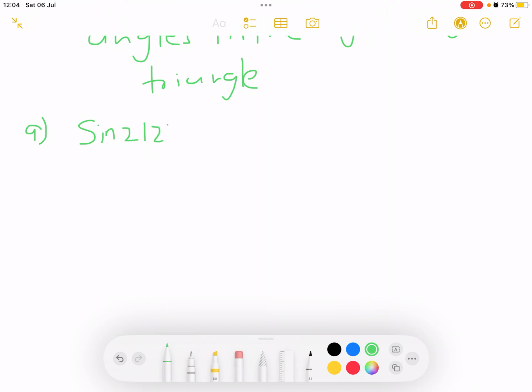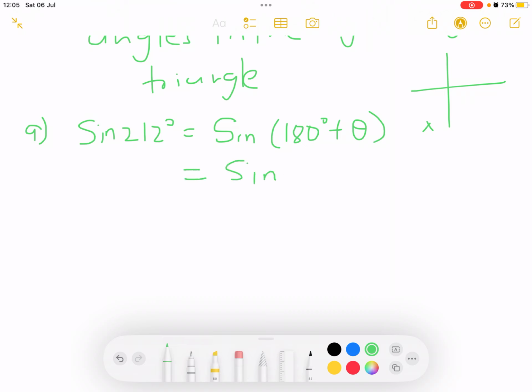Now this brings us to our first one, which says sine of 212. Now 212 is not acute, so the first thing that you're going to do is to reduce by using what? 212 is found in this quadrant. That's the quadrant of 180 plus an angle. So we have to write sine of 180 plus 32 degrees.